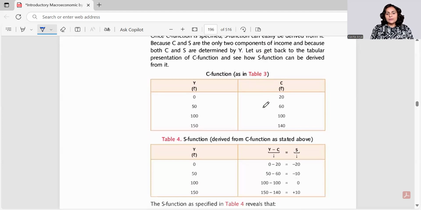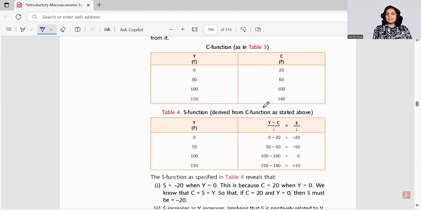Do we remember that we had this tabular presentation of the relationship between consumption and income? If we simply subtract C from Y, we land on S. So 0 minus 20 gets you minus 20, and here 150 minus 140 gets you positive 10.